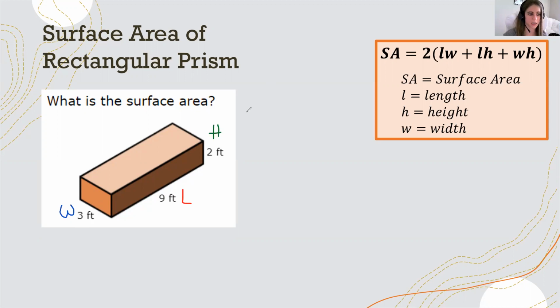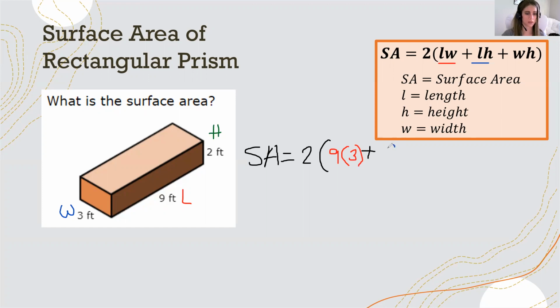Surface area, that's the SA, is equal to 2, and then in parentheses, we're first going to take our length times our width. We have a length of 9 and a width of 3. That's going to give us the area of one side. Then that is added to our second one here, length times height.